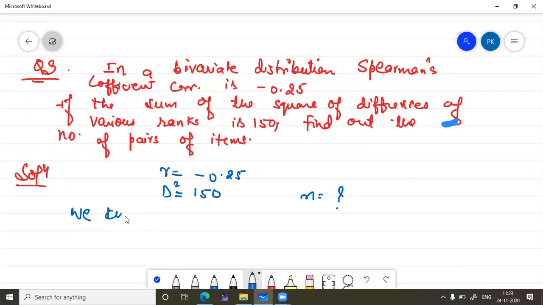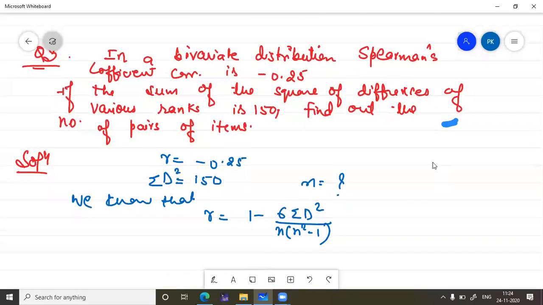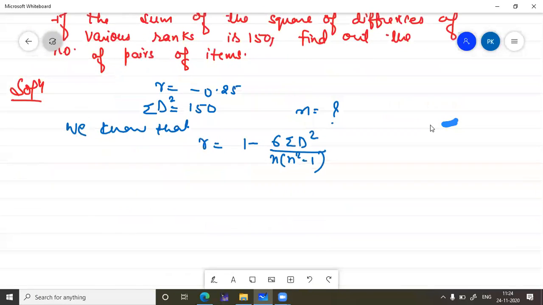Now we know that Spearman's coefficient of correlation is 1 minus 6 summation of D square, sum of the squares, divided by n square minus 1. So just substitute the values in this formula. You will get the solution.